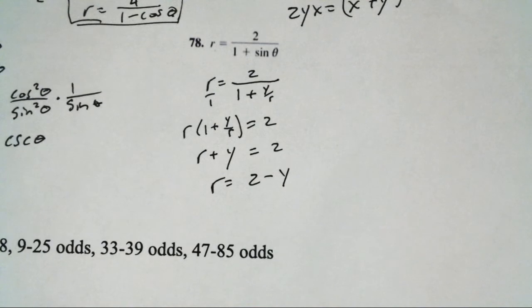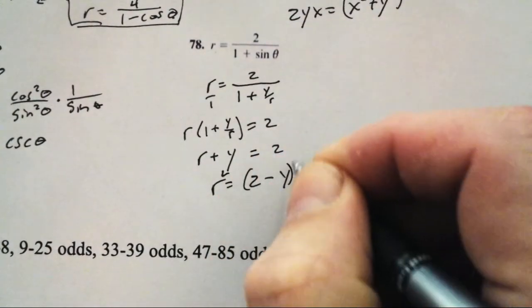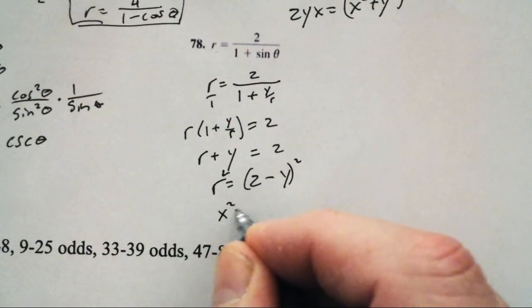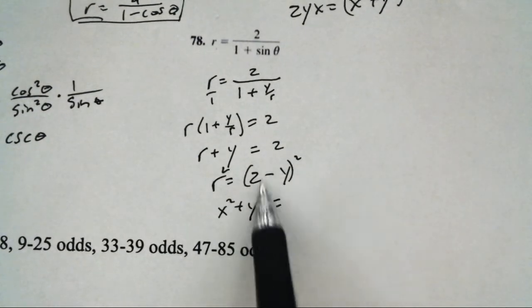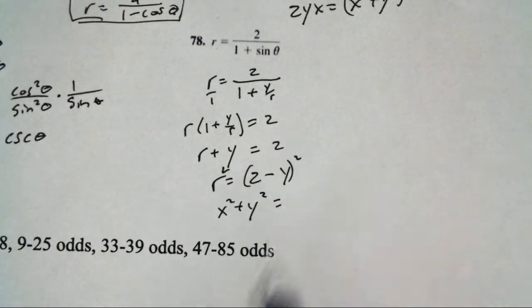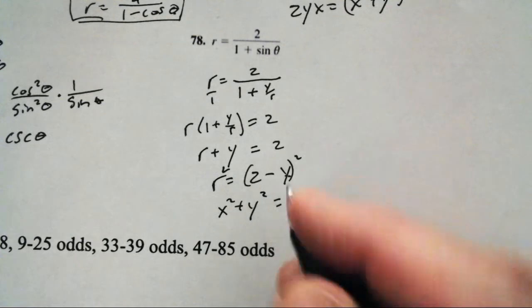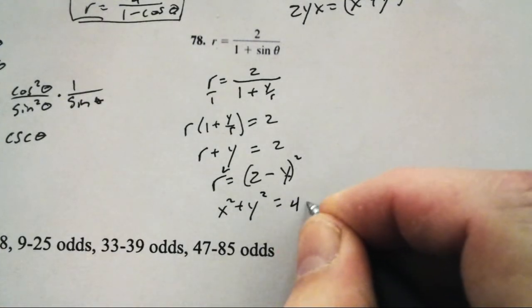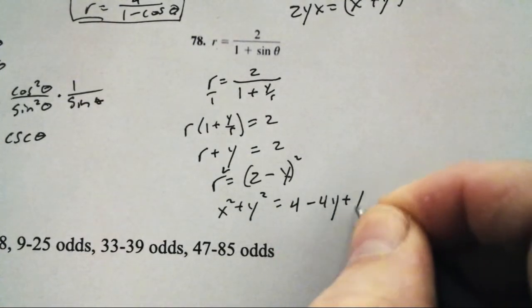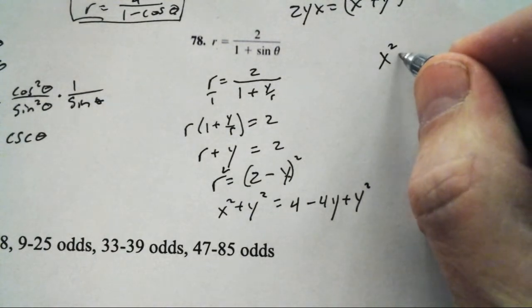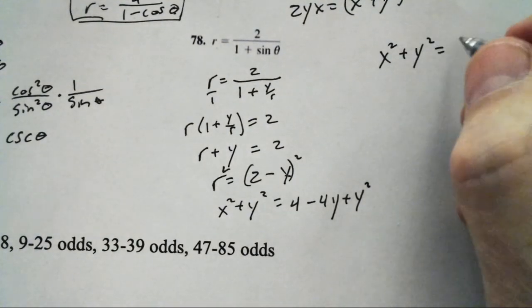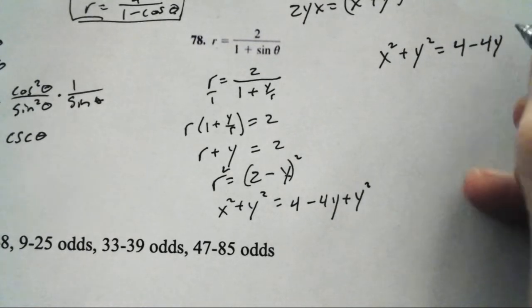And this is really nice, except I can't have r's in here. Now I'm going to square both sides. And I get x squared plus y squared. Look ahead. Does it look like maybe there's a payoff for FOILing that out? When I FOIL this out, I'm going to get a positive y squared. 4 minus 4y plus y squared. The y squareds cancel. I get x squared plus y squared equals 4 minus 4y.